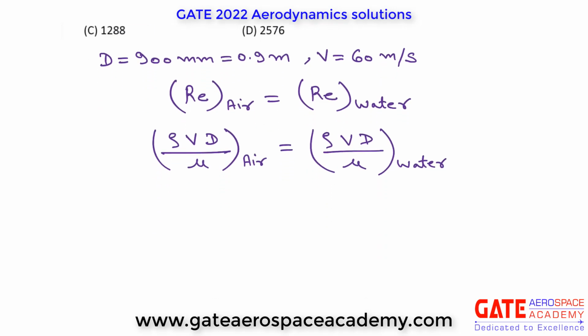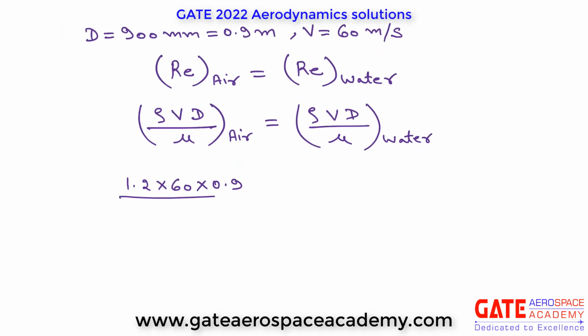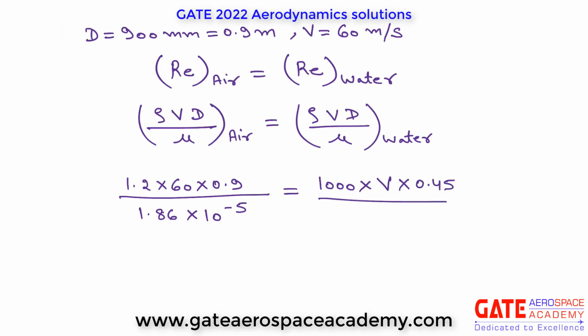So 1.2 into velocity 60 into 0.9 meter upon 1.86 into 10 to the power minus 5 is equal to 1000 into velocity into diameter, that is half scale model, so 0.45 meter, upon 1.01 into 10 to the power minus 3.